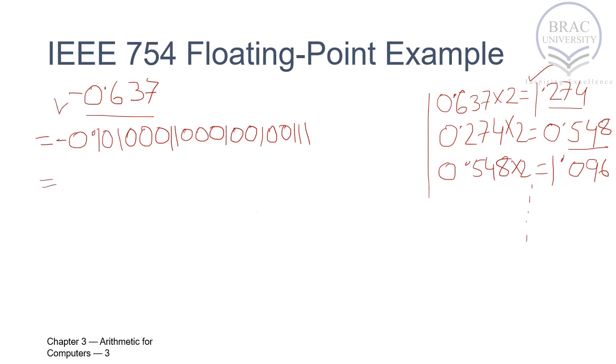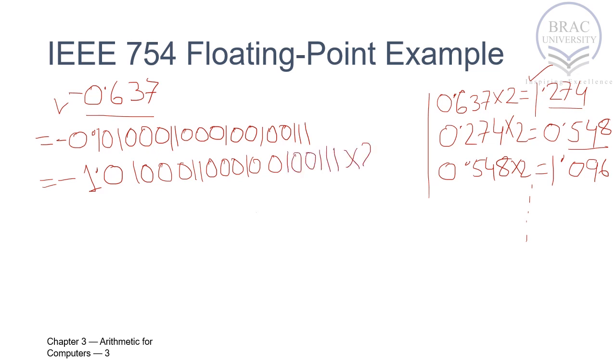Now if we represent it in a normalized form, then this is how it is going to look: 1.0100011000100100111 into 2 to the power minus 1. So this minus 1 is our actual exponent. So exponent E is equal to minus 1.